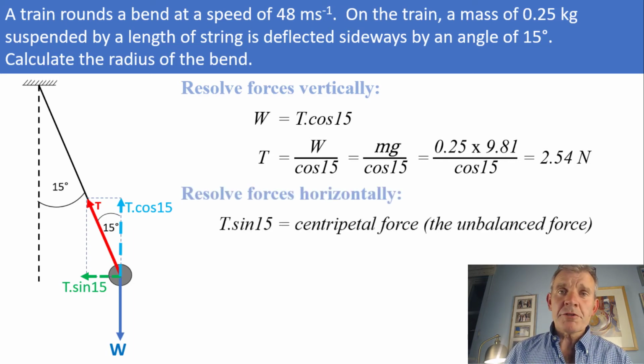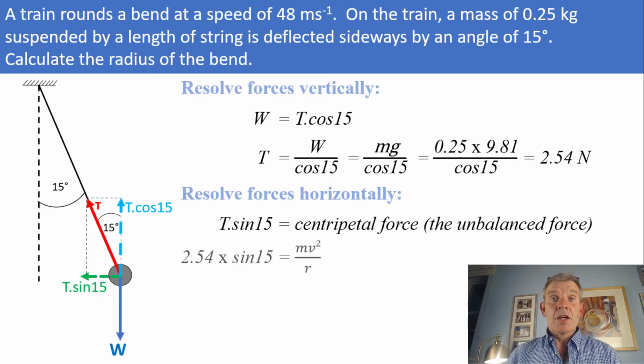Now we can resolve horizontally. The thing with resolving horizontally is that we've got an unbalanced force here. The horizontal component of the force, T sine 15, is going to be providing the centripetal force, the unbalanced force. So we can say T sine 15, and substituting our value for T, which is 2.54 times sine 15, is equal to mv squared over r, the formula for centripetal force.